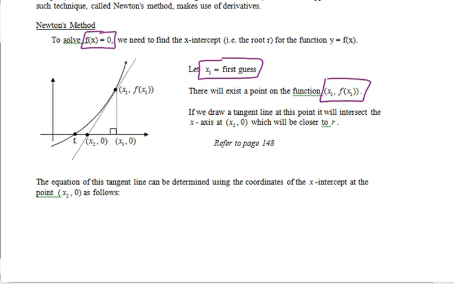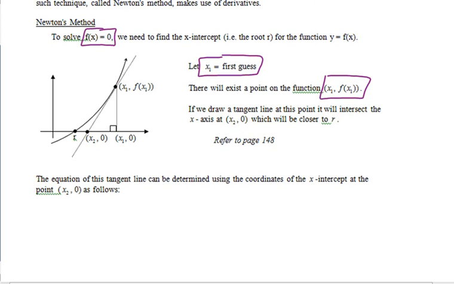And then we realize we're not close. So then we take, this is more the theory into getting actually the formula. If we draw a tangent line at this point, so here's my guess. I was guessing here, but it's actually this point. And we draw a tangent line. What will happen with this tangent line is it will give a better guess for a 0 than I did.